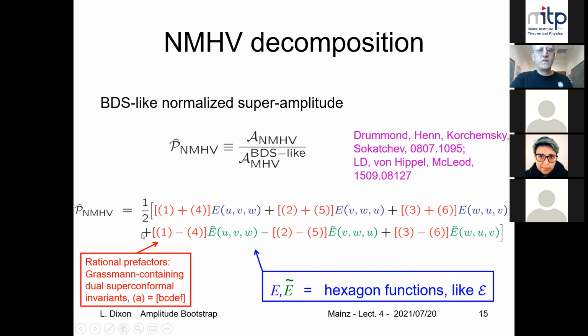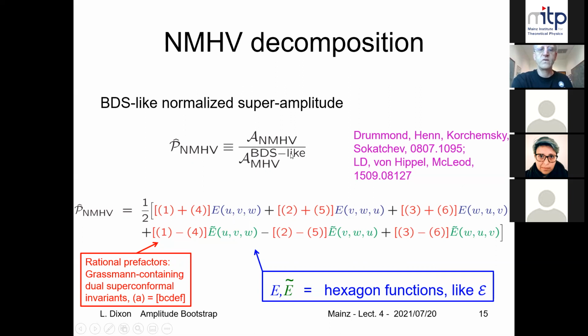But when you represent the NMHV amplitude, you can look at what parity does to these R invariants. And once you've identified that, you can recognize that there's a parity symmetry, and these coefficients, which we call italic E, not to be confused with curly E for MHV, these 3 components are the parity even pieces of the NMHV 6 gluon amplitude, when we've normalized by the same BDS-like function as at MHV.